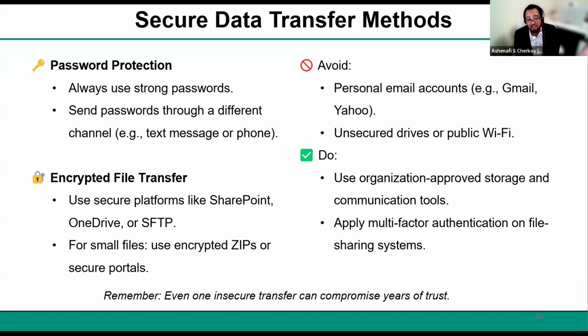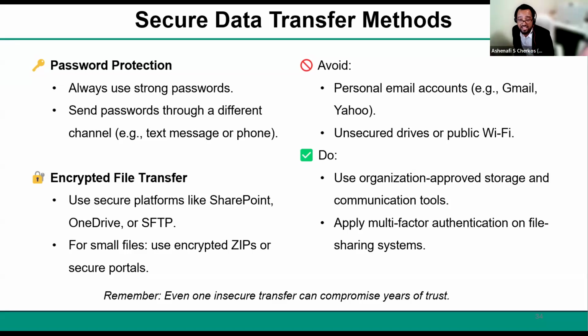One important habit when we write email is, even if the file is password protected, we shouldn't send the password with the same email we are sharing the file with, right? If we share the file and the password at the same time, and the email is intercepted, then we are giving everything away.